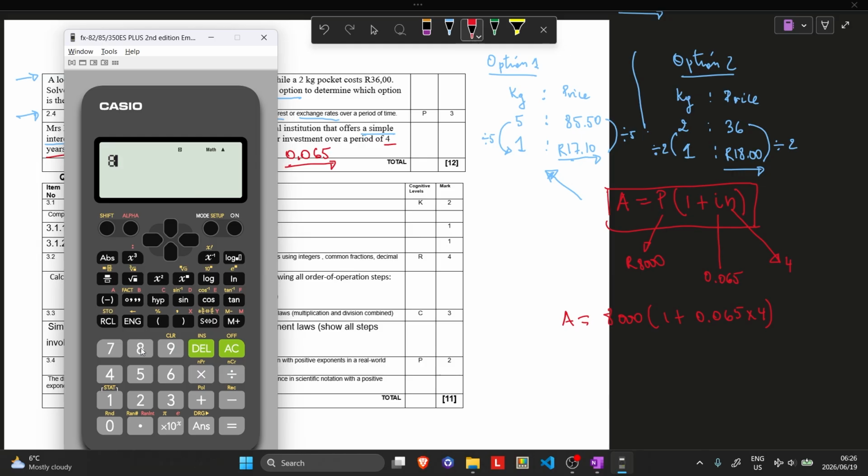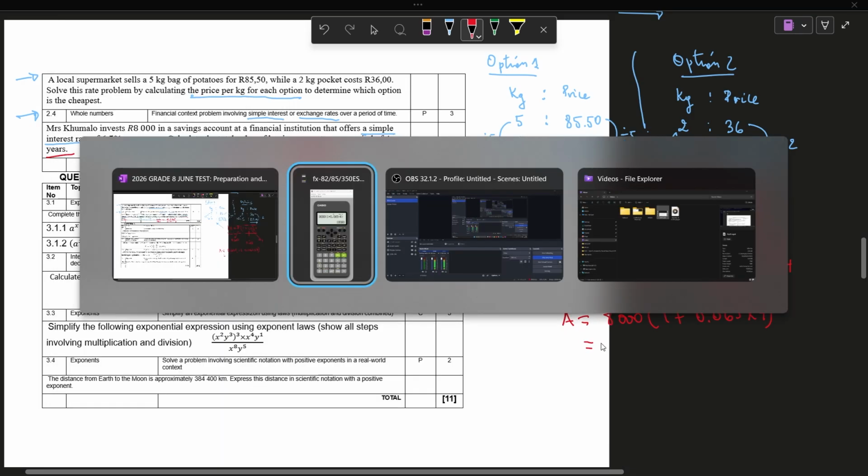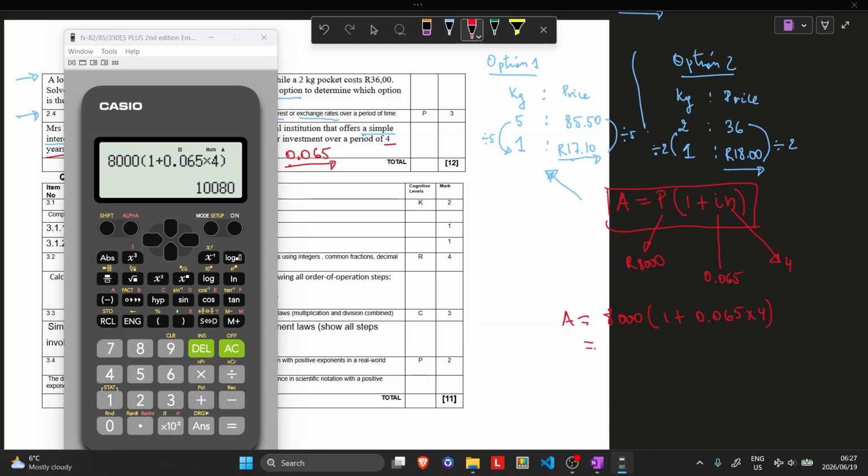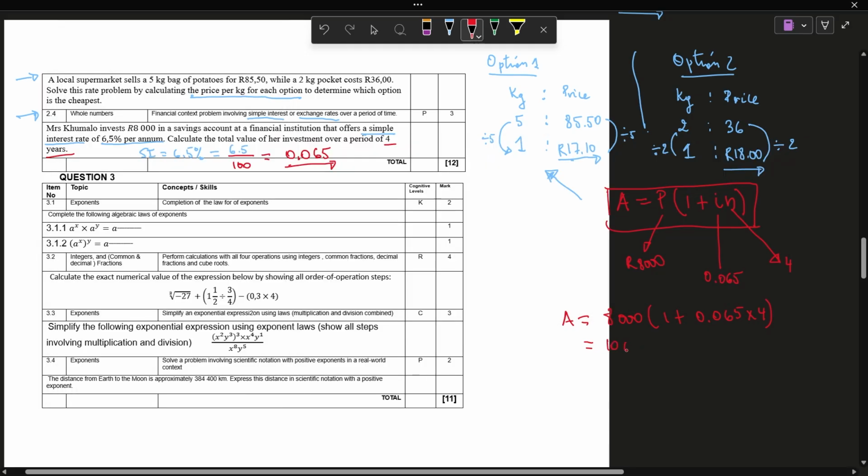Let me just reset everything. 8,000, open bracket, 1 plus 0.065 times 4, close bracket, equals. So this is the money that we would accumulate after 4 years. So let's come back to it. It will be 10,080 rand. So that's the amount.